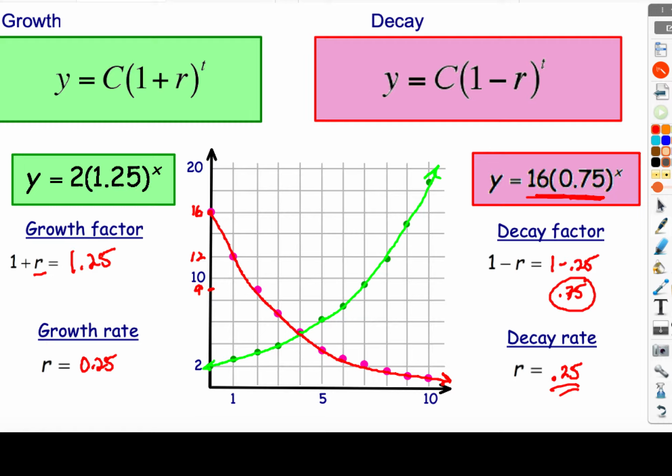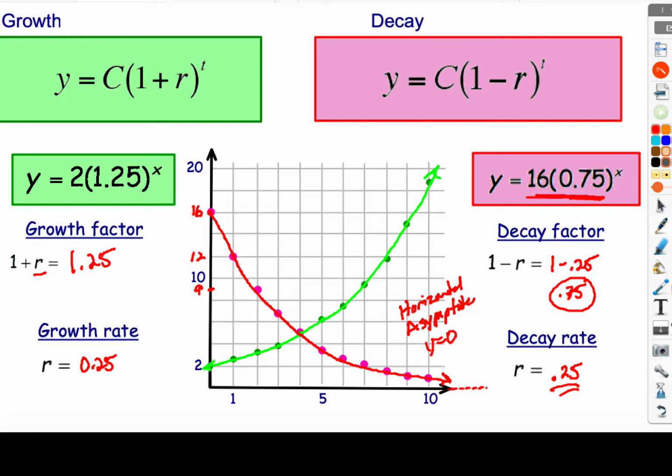We're getting smaller and smaller, getting closer and closer to 0, but we're still going to have what we call that horizontal asymptote, at y equals 0. Our range, all of our y values, are all still greater than 0. They're still above 0. So keep that in mind. We're decaying, but we're never going to completely disappear.